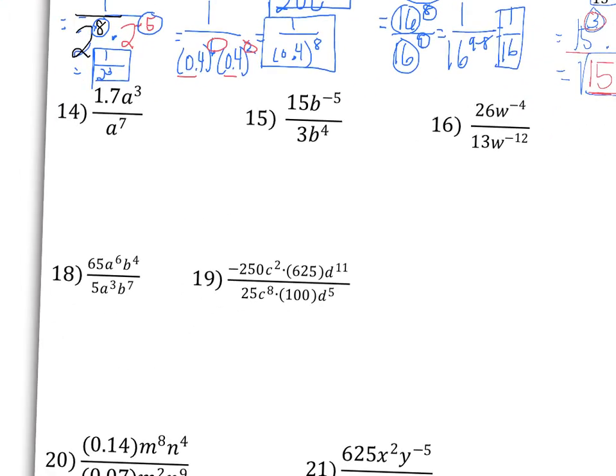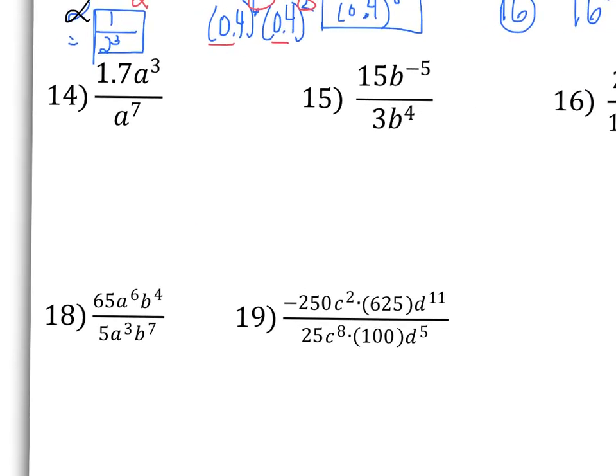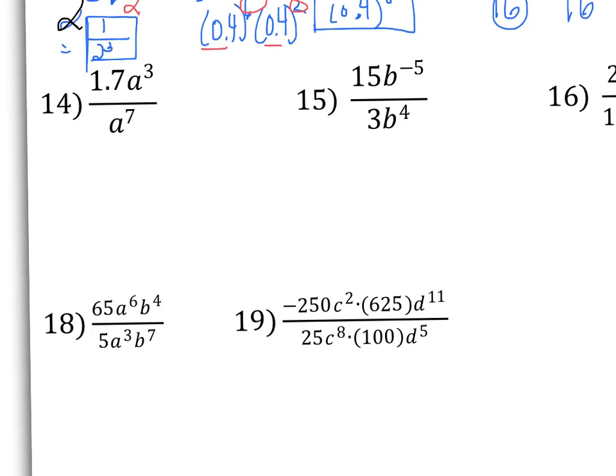And then number 14, okay, I have a decimal here, and if I can get rid of it, I will get rid of it. 17 over 10, and I see that 7 is greater than 3, so I'm going to keep the power of 7 in the denominator and then subtract 3.